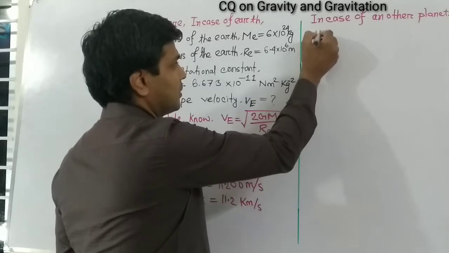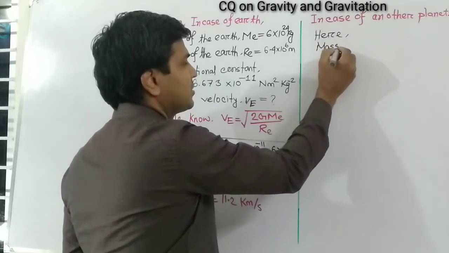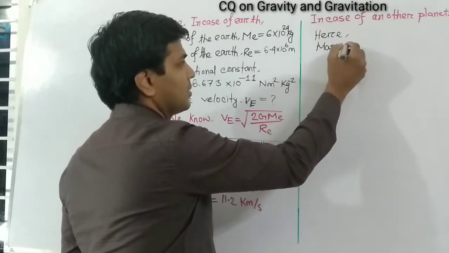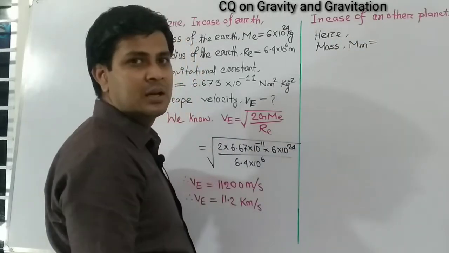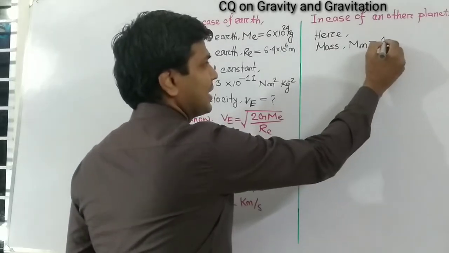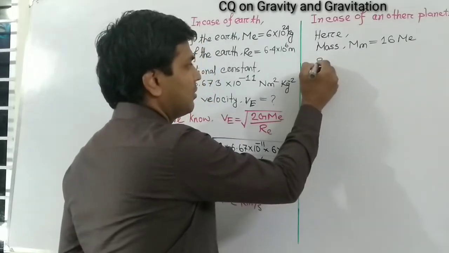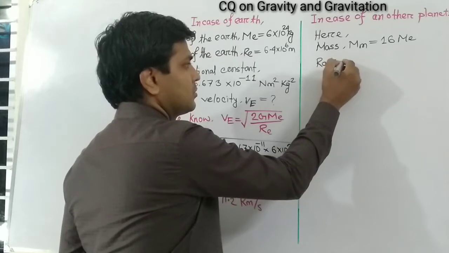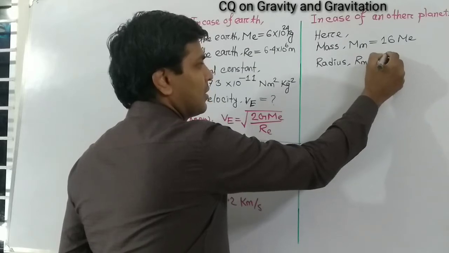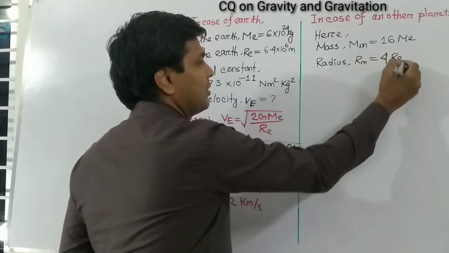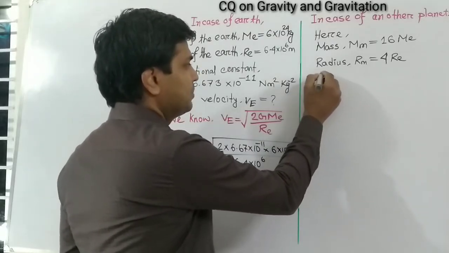In case of another planet, here mass, which is mm, and which value is 16 times of me, and radius rm, which value is 4 times of earth surface, and we have to calculate the escape velocity.